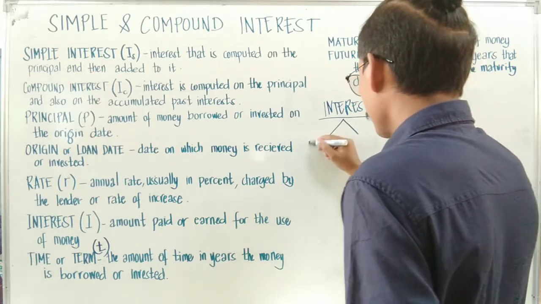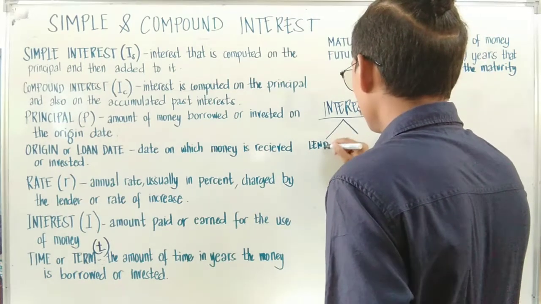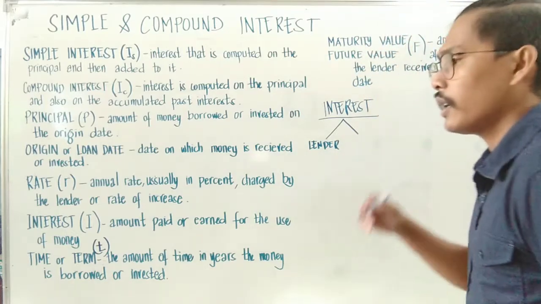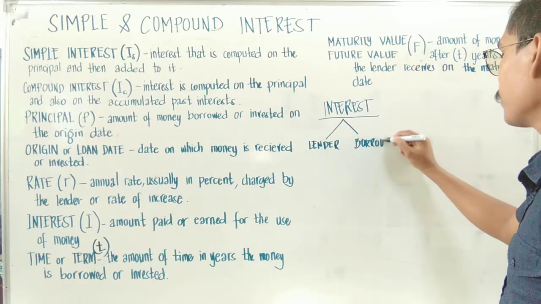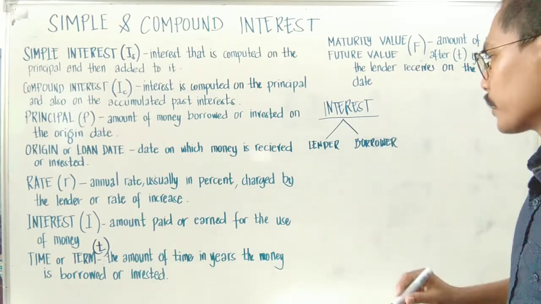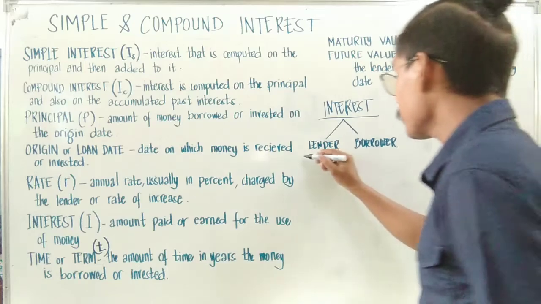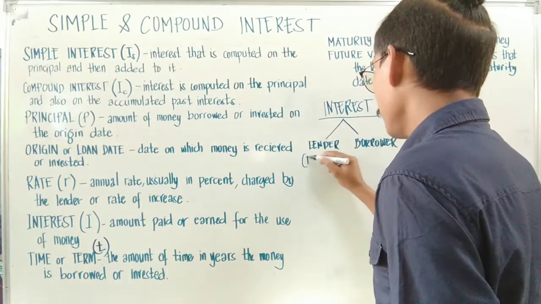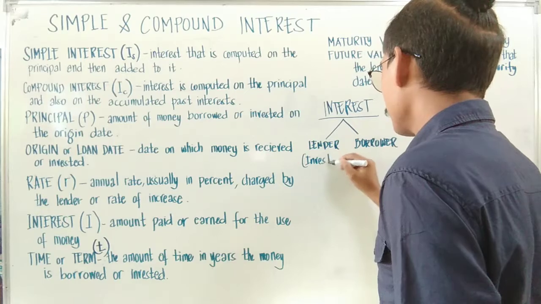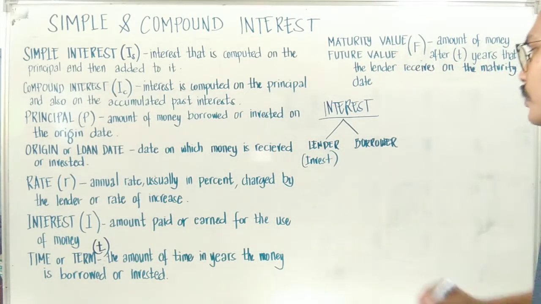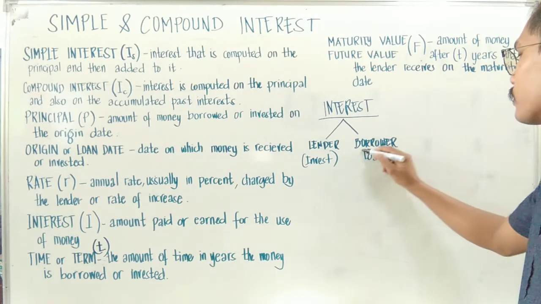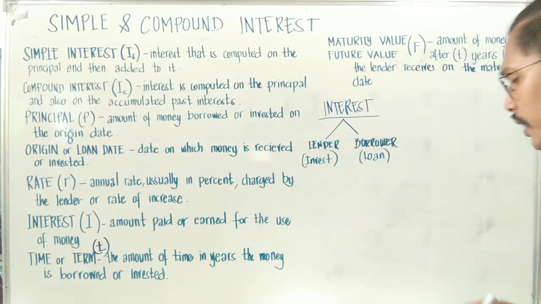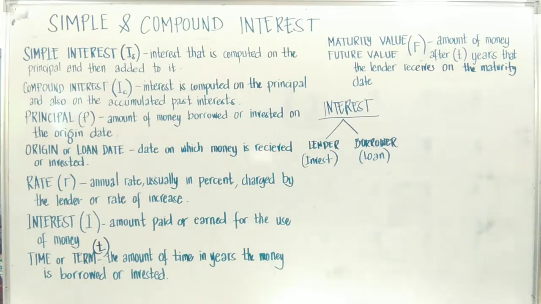It can be that you are the lender, or it can be that you are the borrower. If you're a lender, you are investing, so invest or investment. When we say loan or borrower, it's all about loan or borrowing money.